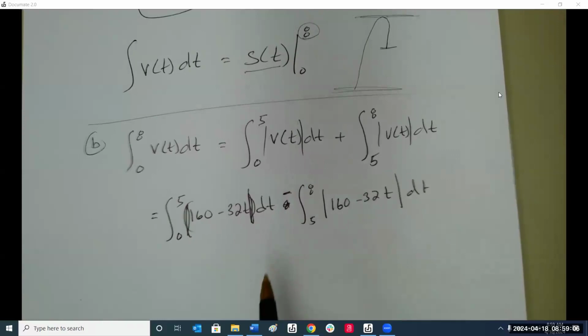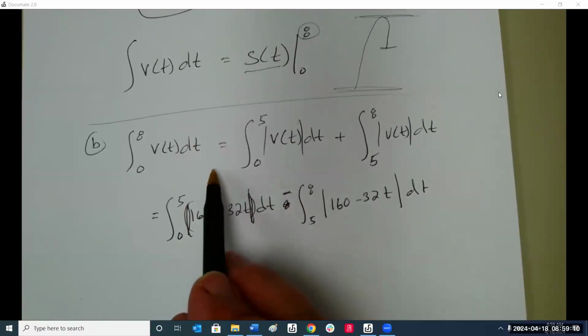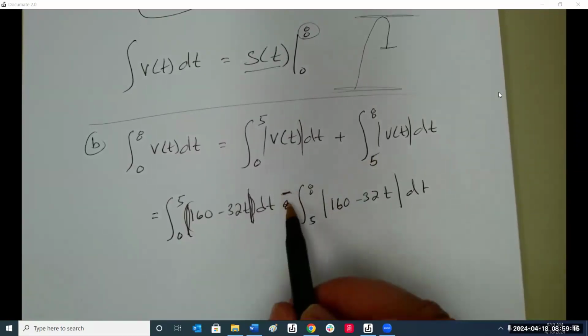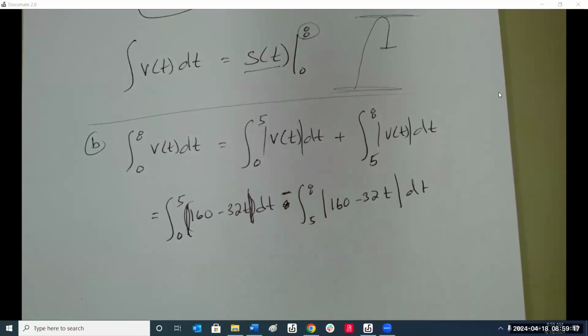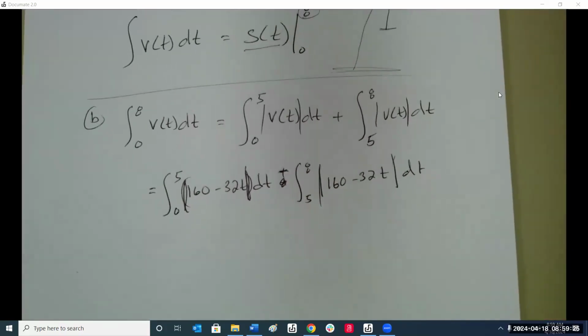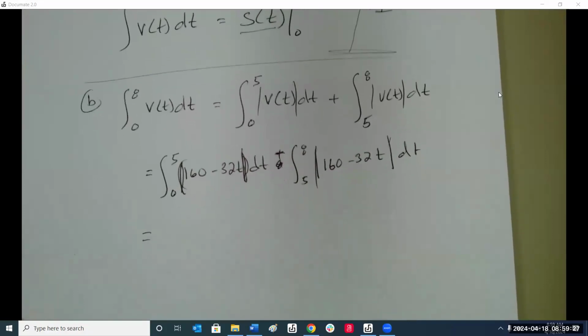But now, instead of looking for the entire displacement, because remember, one side's going up, which is positive, one side's going down, which is negative, we have to change the sign. Well, we absolutely valued it, so we can change it to a plus. That's great. All right, so let's see how far we travel.